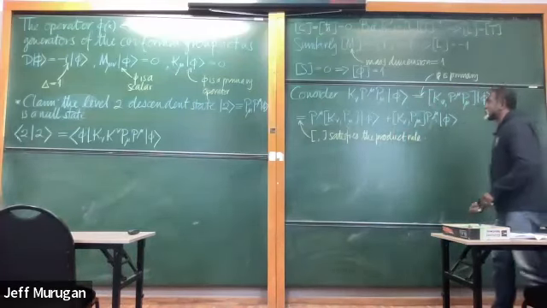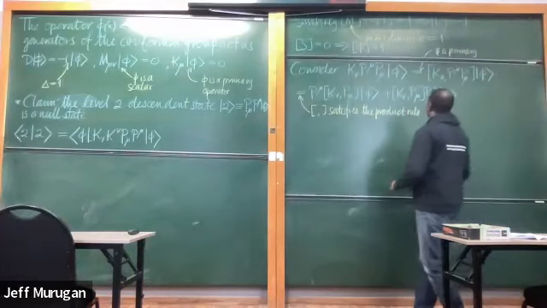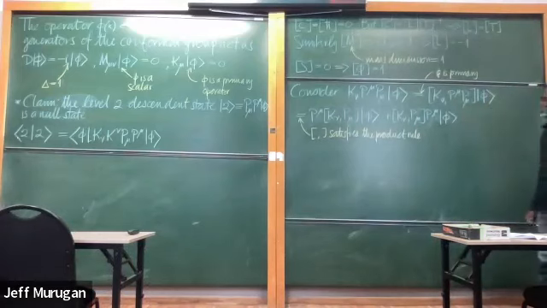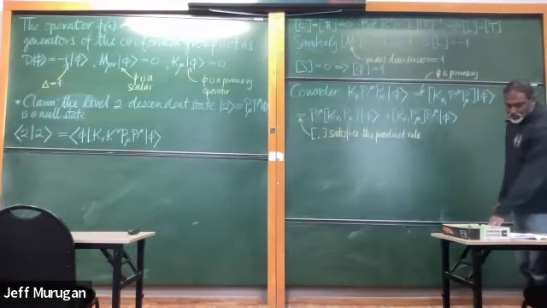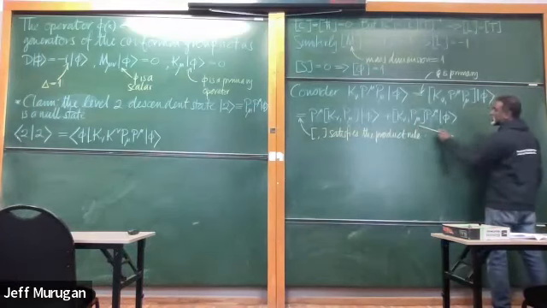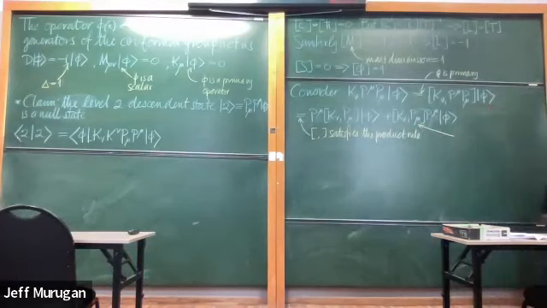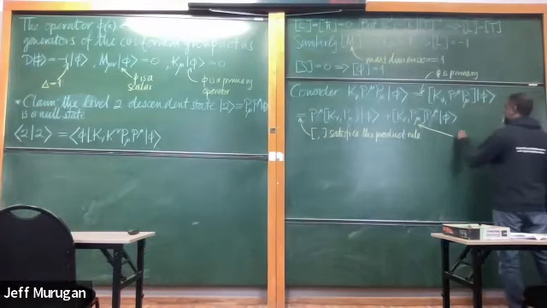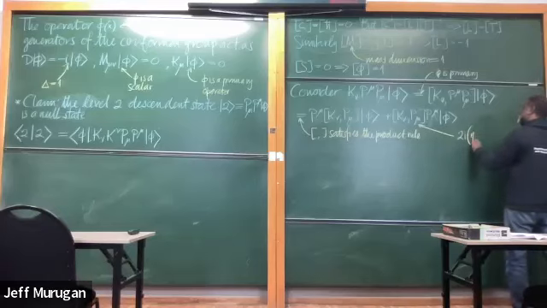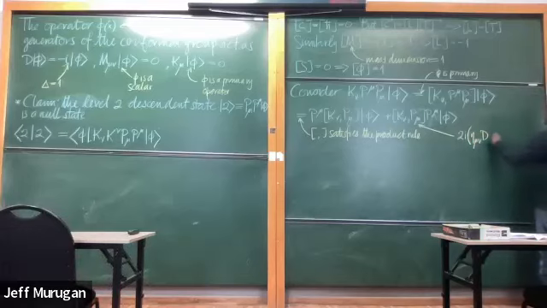But I also know that this guy here, the commutator of K mu and P nu, is just 2I times eta mu nu times the dilatation operator plus m mu nu.